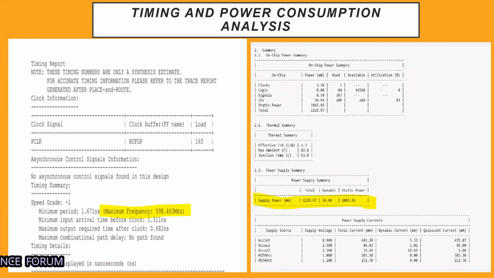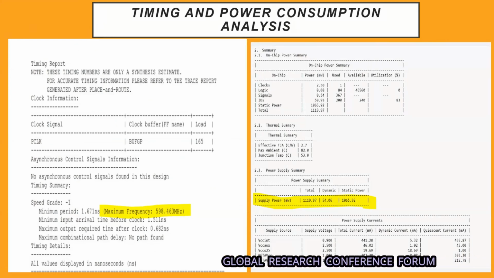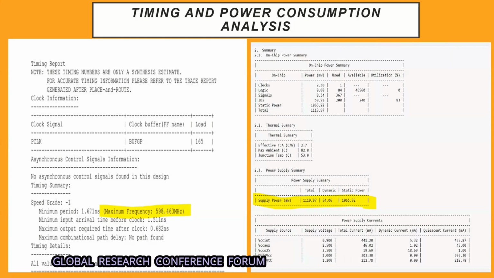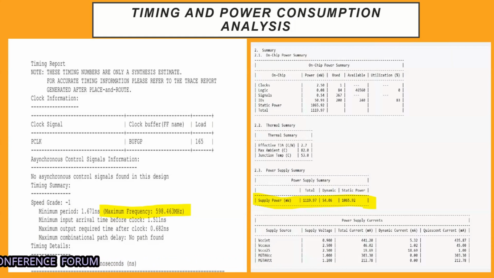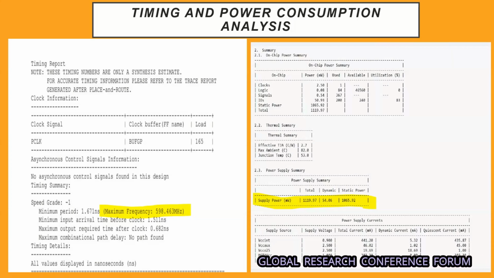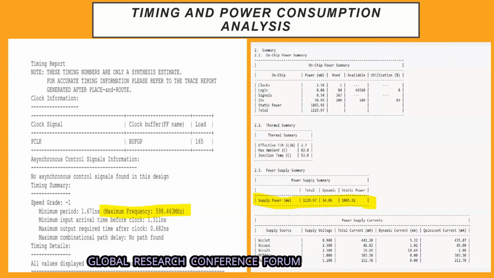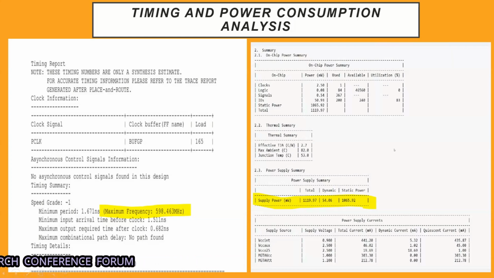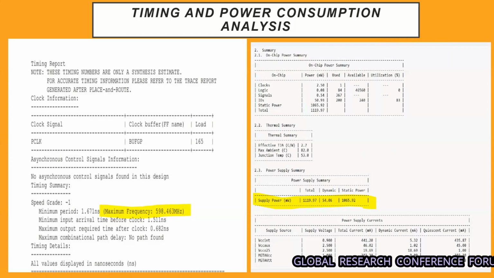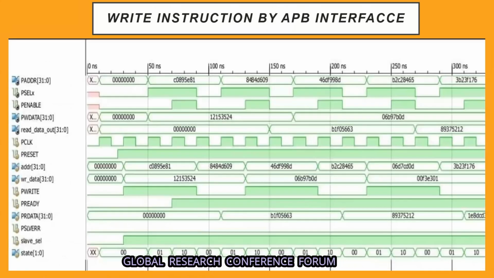This report has been generated by the Xilinx software. Similarly, on the right hand side, in the power supply summary, the highlighted part shows that the dynamic power consumption is very, very low. Our design is operating on very low power, that is 54.06 milliwatt.